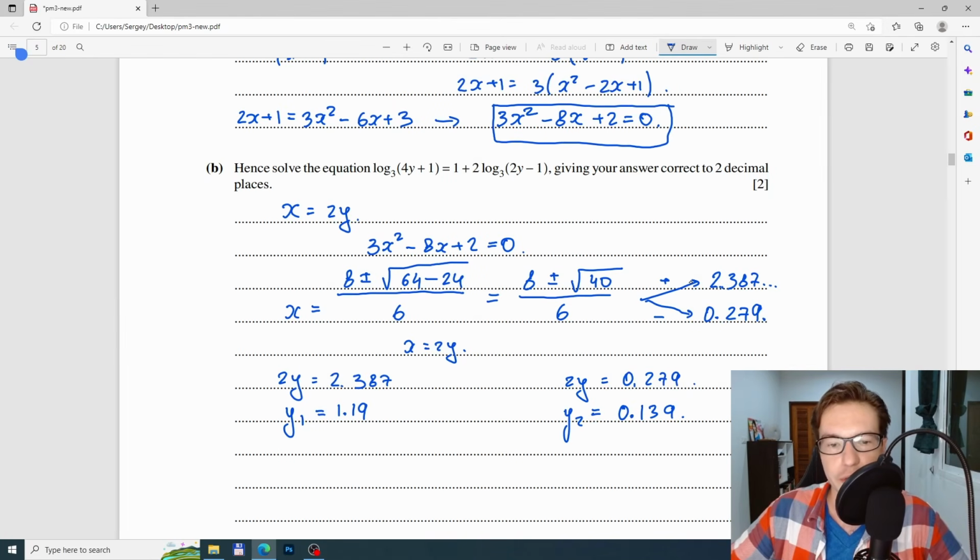So we have to make sure that our answers don't make the expression under the log negative. And the thing is that y2 equals 0.139 will make 2y minus 1 less than 0, so we don't include this in the final answer.